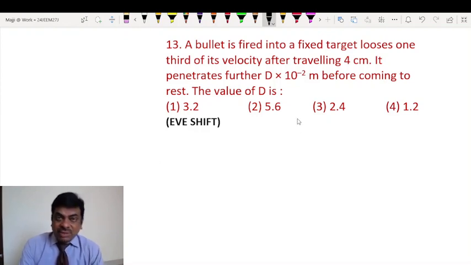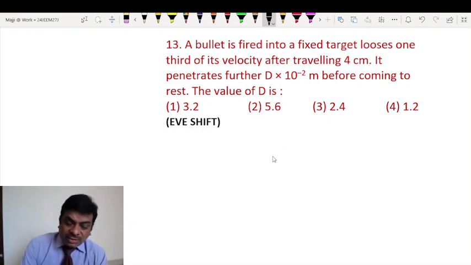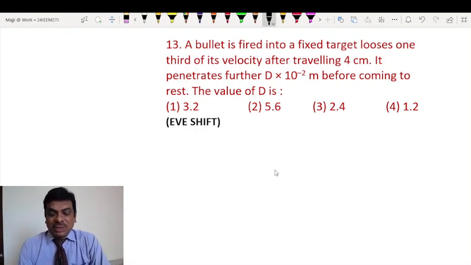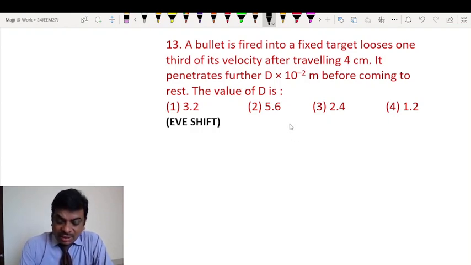Here by resistance we mean the retarding force offered by the target to the bullet. So that means acceleration, or that is retardation, is also constant. Retardation means negative acceleration.